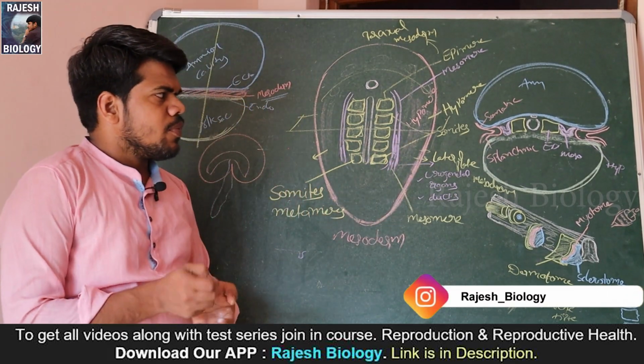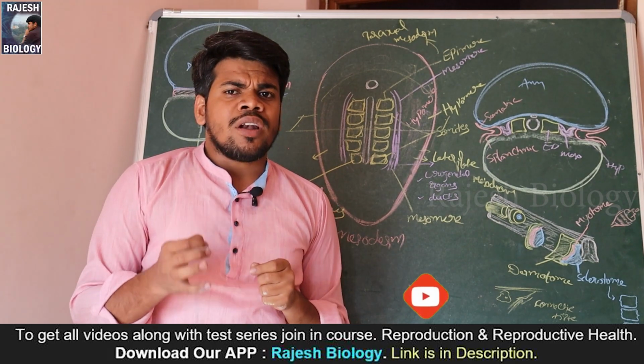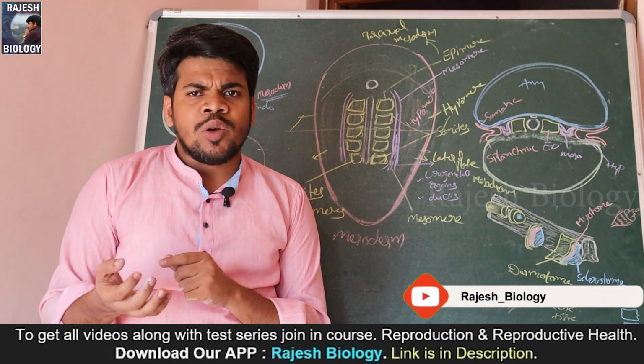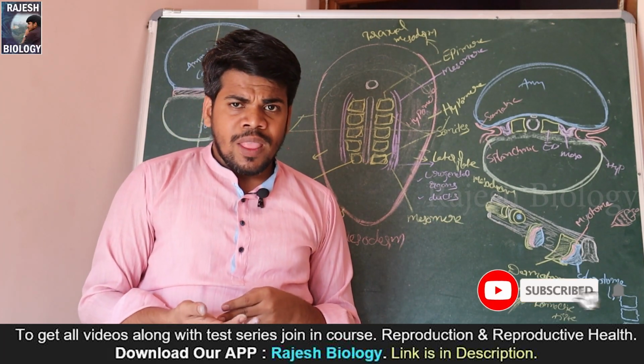Is it clear now? Now I am going to tell you which part of the mesoderm develops into what, like which part forms the vertebra and which part forms our muscles.